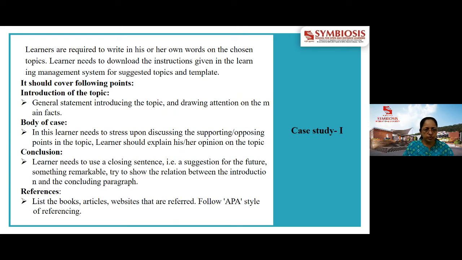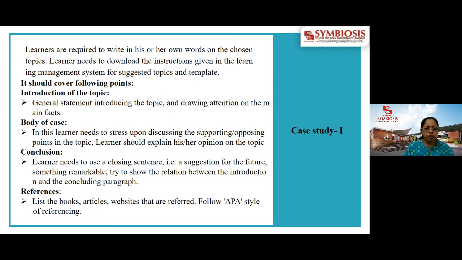Same thing: introduction of the topic, a general statement introducing the topic and drawing attention to the main facts, then body of the case, where the learner needs to stress upon discussing the supporting or the opposing points in the topic. Learner should explain his or her opinion about the topic. Conclusion: learner needs to use a closing sentence, that is a suggestion for the future, something remarkable.